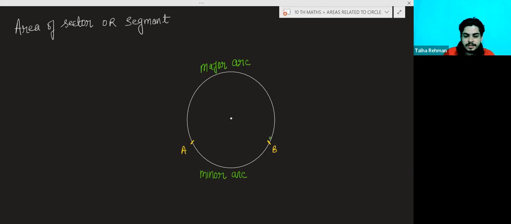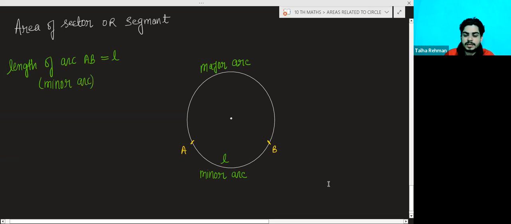So if the length of arc AB is L, arc AB means the minor arc, then what will be the length of the major arc?